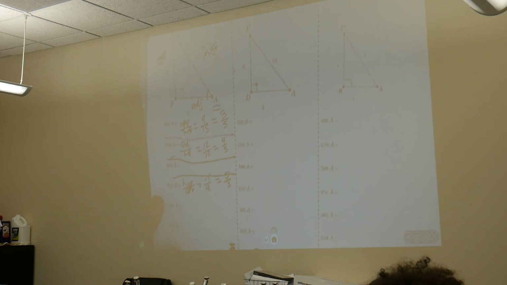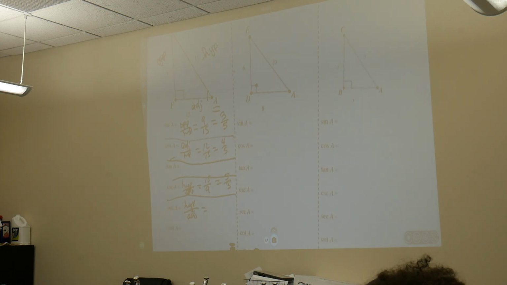Okay. So then if I know cosine, I can go right away to my secant, right? Because the secant is just flipping the cosine. So that means my secant is going to be hypotenuse over adjacent. I'm still using adjacent and hypotenuse.